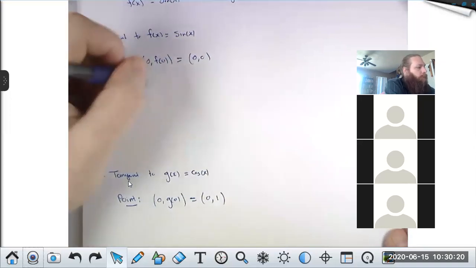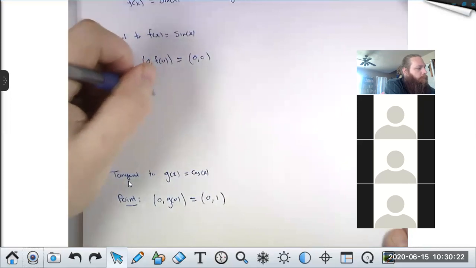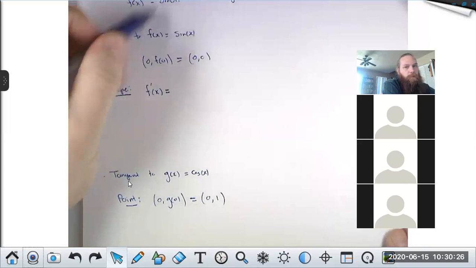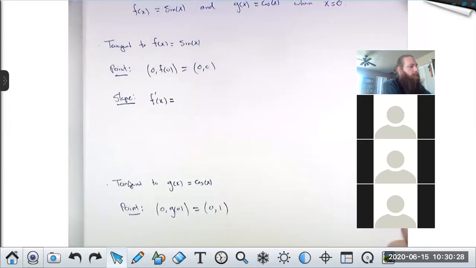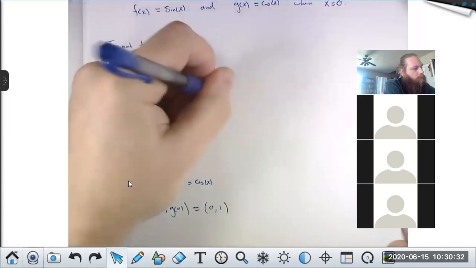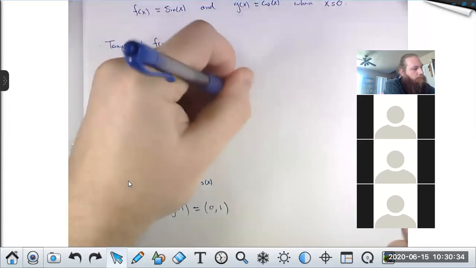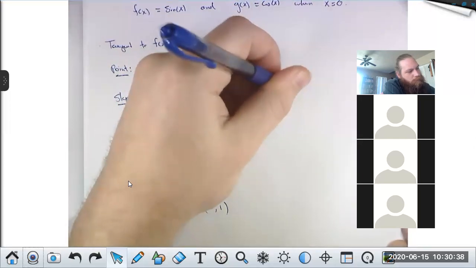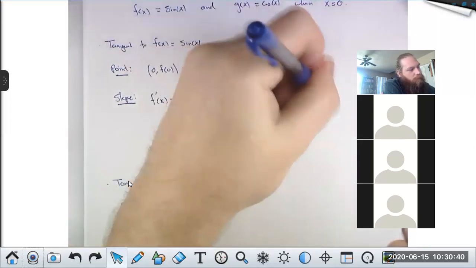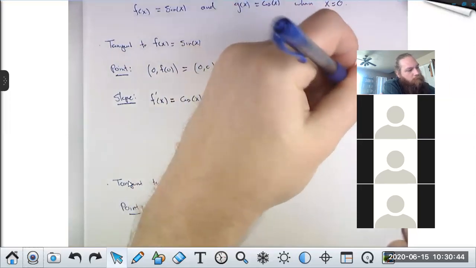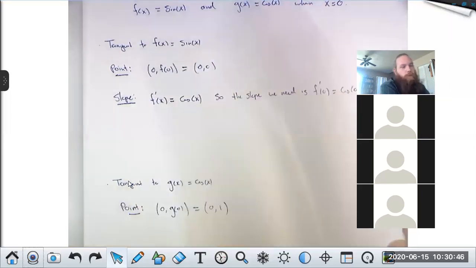The slope here is going to come from f prime of x. The derivative of sine is cosine. So the slope we need is f prime of 0, which is the cos of 0, which we just said is 1.